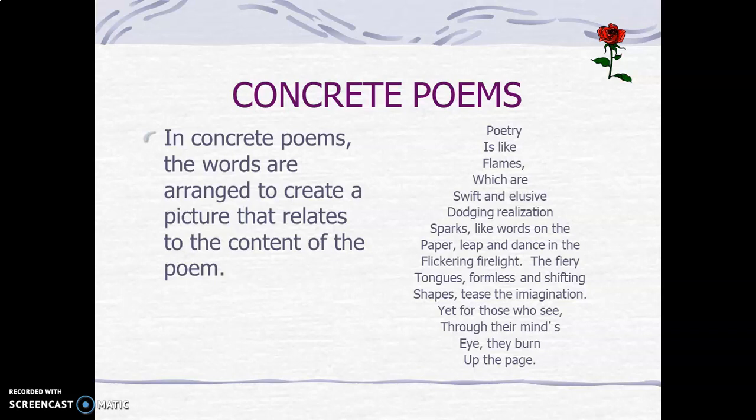Let's say that the author is describing a penguin, for instance. He's gonna draw the words to take the shape of a penguin. And this is important. If he's talking about stars, for instance, or describing a star, so his words will be shaped like a star. So that's why it's called a concrete poem.